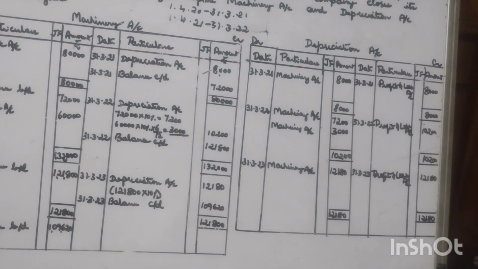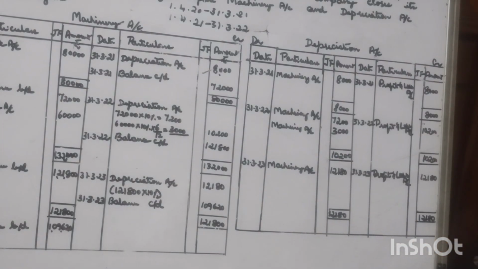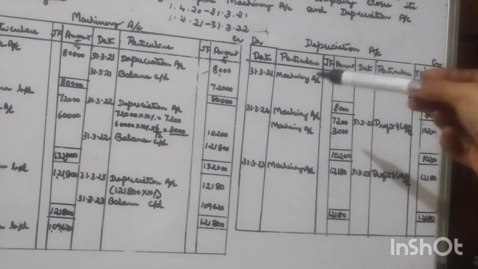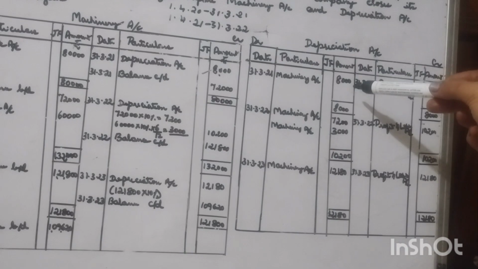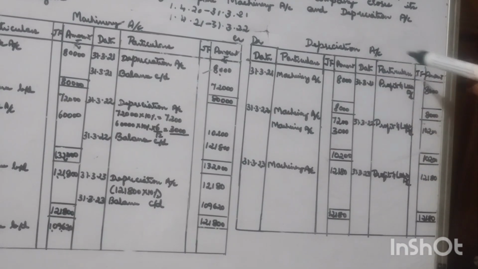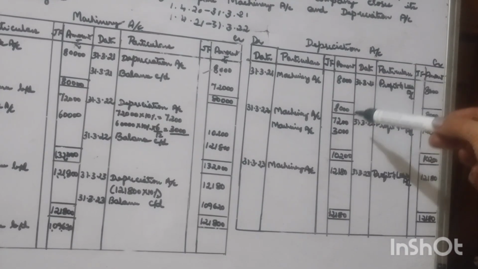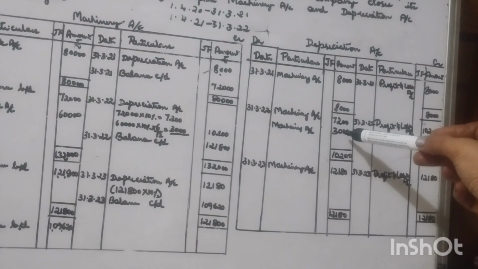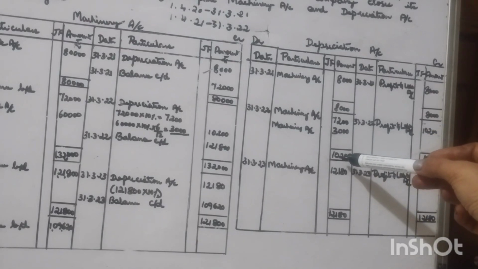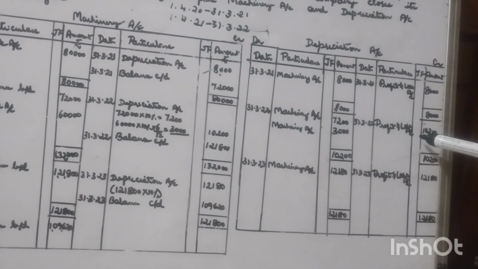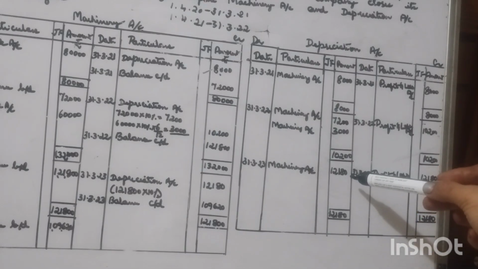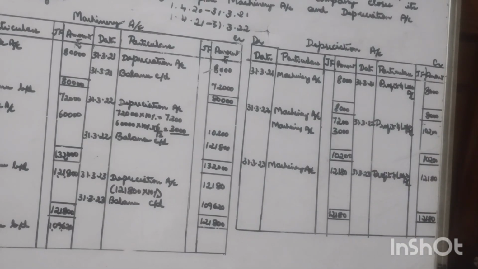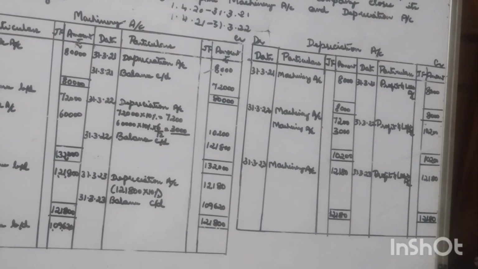That has to be debited to the depreciation account as machinery account, and every year, first year, second year, third year, it has to be transferred to the profit and loss account. In the first year, this depreciation amount has to be transferred to the profit and loss account. In the second year, 7,200 plus 3,000, altogether 10,200, has to be transferred to the profit and loss account. And in the third year, 12,180 has to be transferred to the profit and loss account.